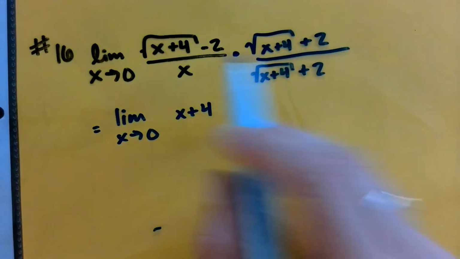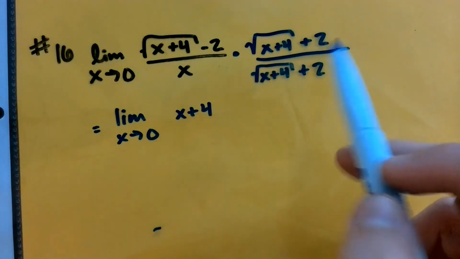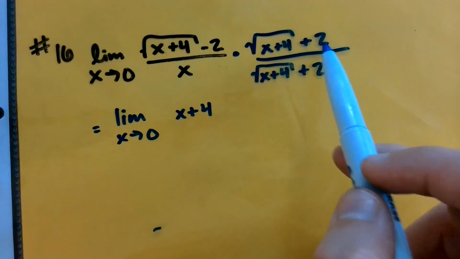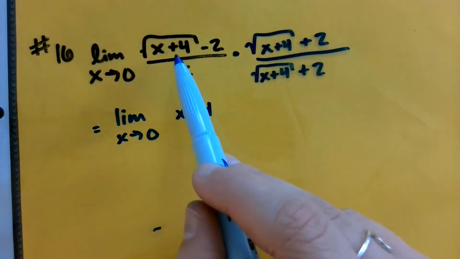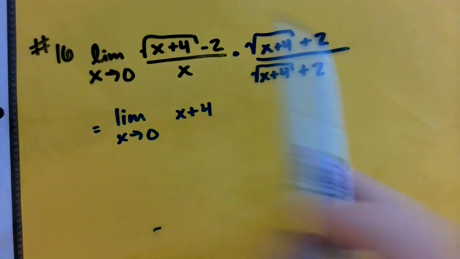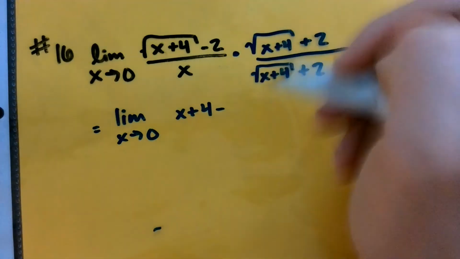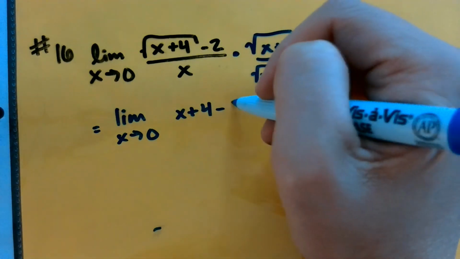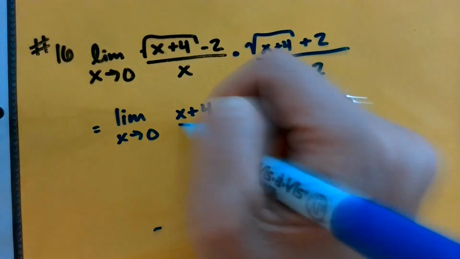And then because these are a difference of squares, I will end up with the middle terms going away. So I've got a 2 radical x plus 4, a -2 radical x plus 4, so those cancel. And then my last would be this -2 times 2, so it would be a -4.